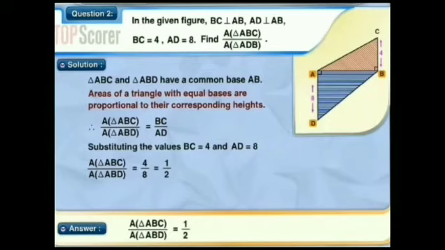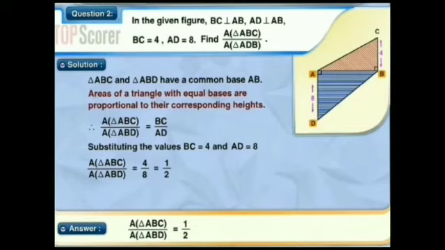So solution is triangle ABC and triangle ABD have a common base AB. Therefore, areas of a triangle with equal bases are proportional to their corresponding heights. So when we have equal bases, the ratio of the areas of two triangles is equal to the corresponding heights.